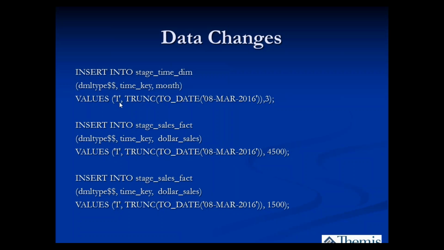So I'm going to insert into the time dimension table this date, March 8th, 2016, and the month will be a 3. And then the other 2 are inserts into the sales fact table. Okay, so I'm putting 2 new sales transactions into the fact table. I'm putting in a March 8th for $4,500, and I'm putting in a March 8th for $1,500.